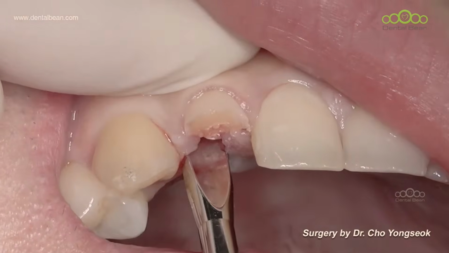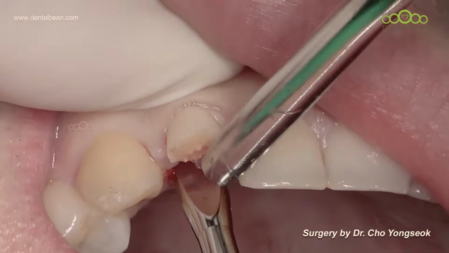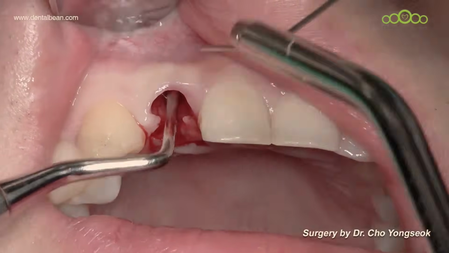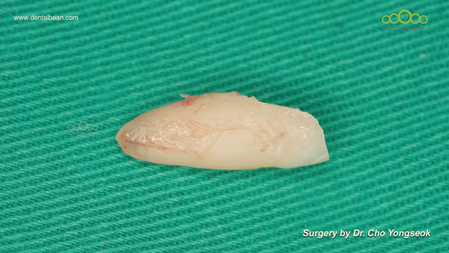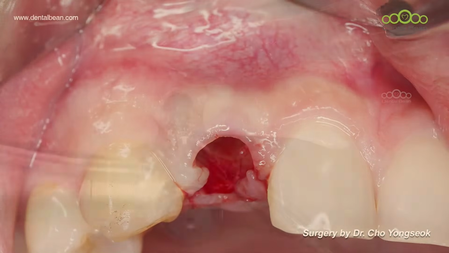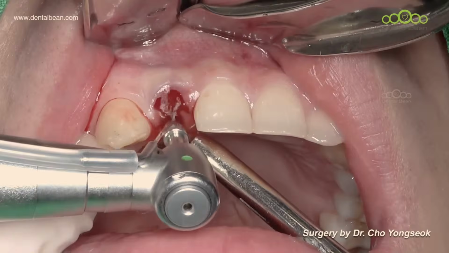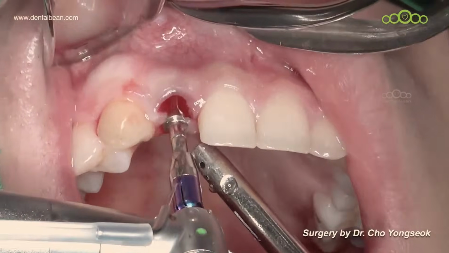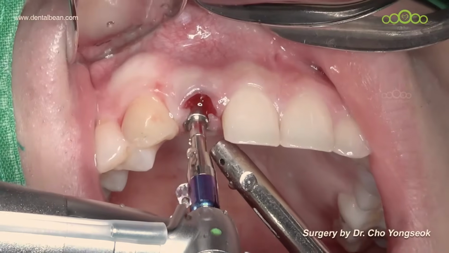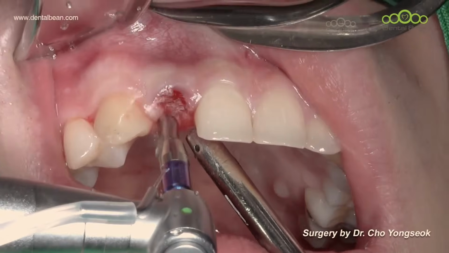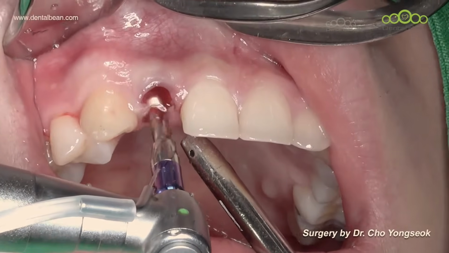Atraumatic extraction is the first step when we do implants. Use a fine luxating elevator. That is the best. After extraction, I started the entry point at the apical third with a long drill and maintained the path toward the cingulum.